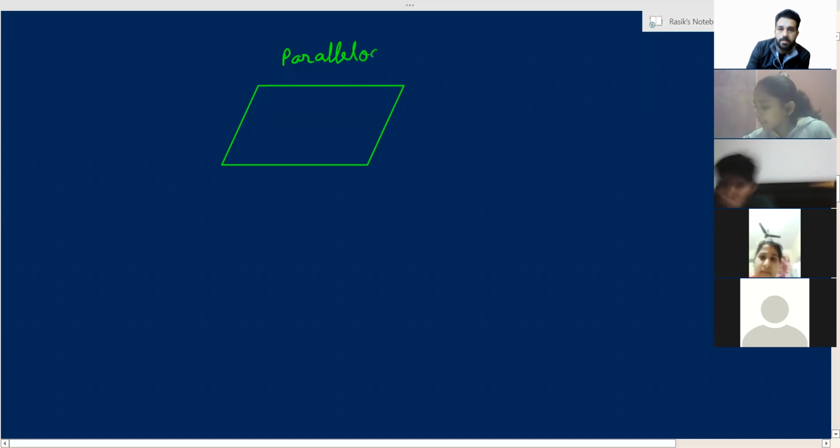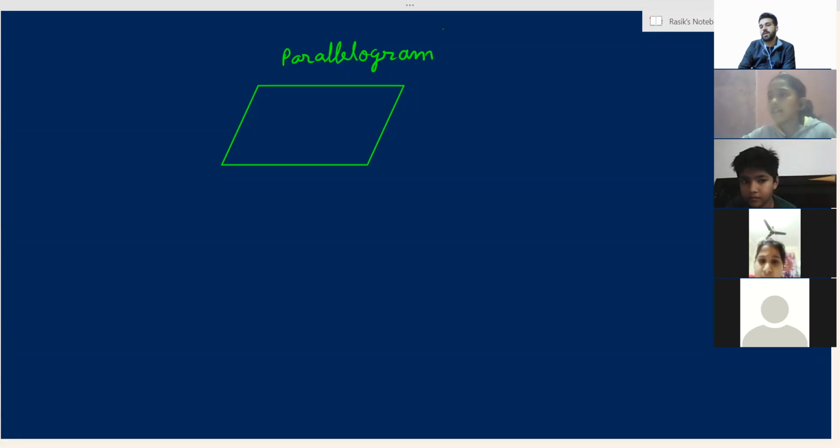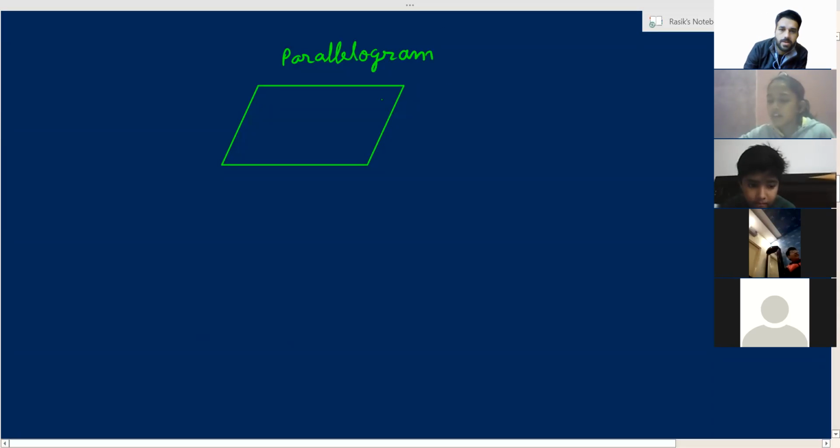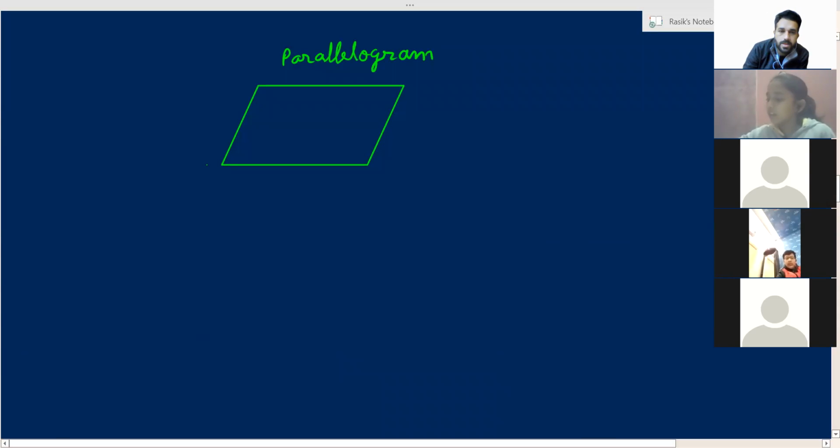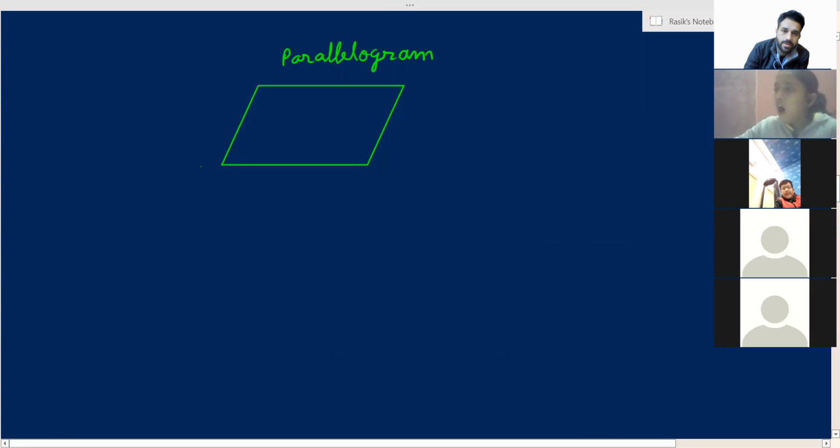So parallelogram. Is it a type of quadrilateral or not? Yes, it is a quadrilateral. Why? Because it has 4 sides. Very good. Because a parallelogram also has 4 sides, it is a quadrilateral. But it is a special type of quadrilateral.